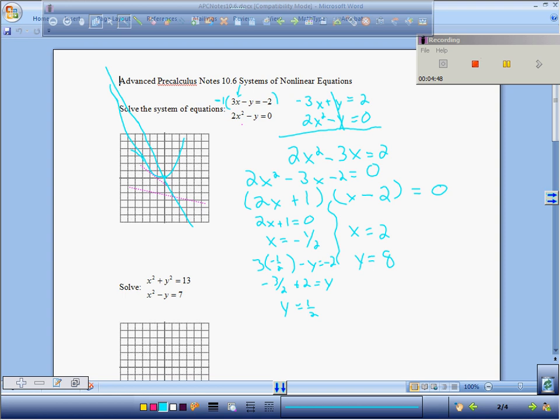It's going the other way. Yeah, you're right. That line has a positive slope, so the line is actually coming down this way. So it makes sense. All right, so that's how you do that type of system.